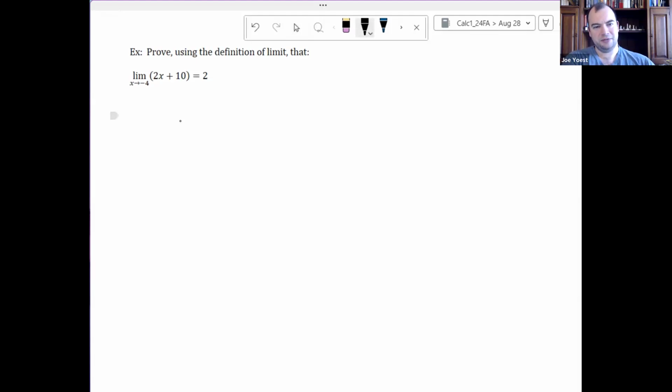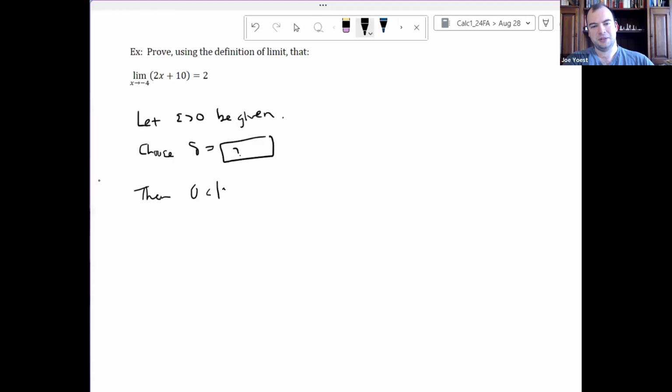So again, what's my goal here? I want to say something like let epsilon bigger than 0 be given. At this point, epsilon is a positive number that's arbitrary, but it's fixed. I want to choose delta to be something. Again, I'm not sure what yet. I'm suspecting it's going to be a function of epsilon. And I want to say then 0 less than absolute x minus a less than delta. Again, in words, what does this say?